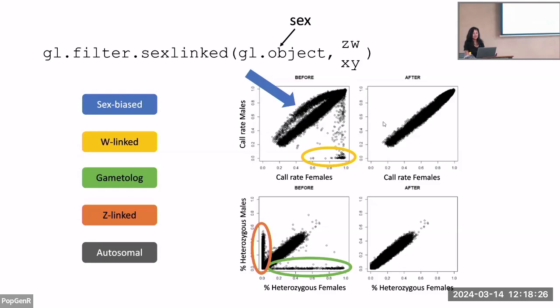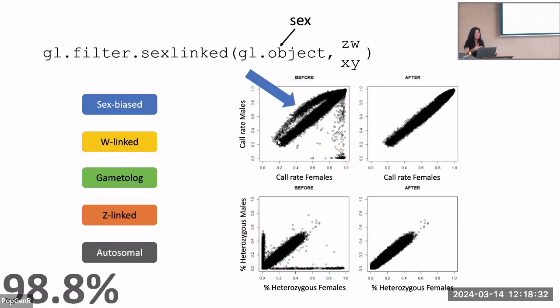So this is data for a ZW system. These loci over here are more called in males because they are Z-linked, and males have two Z chromosomes. Females have only one, right? So the call rate in females is 0.5, and the call rate in males is around 0.7. That's simply because, given that males have two Z chromosomes, it's more likely to be sequenced and then to be called.